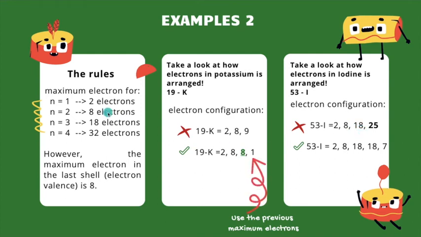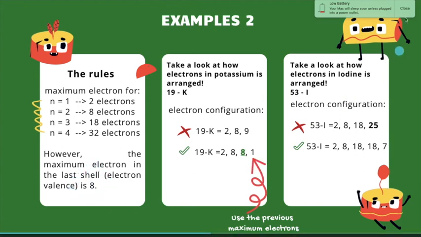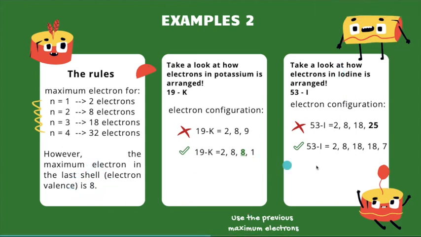It is just like the maximum number of electrons for those shells. And the fourth shell becomes the last shell. Because it is the last shell, you need to divide, because the last shell only has a maximum of 8 electrons. So it will become 2, 8, 18, 18, and 7.